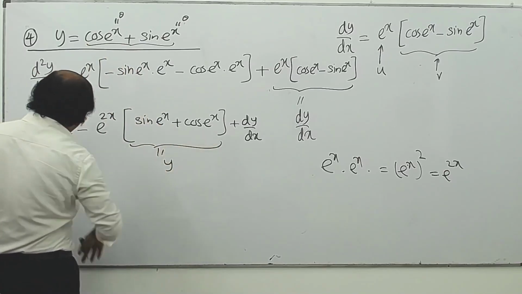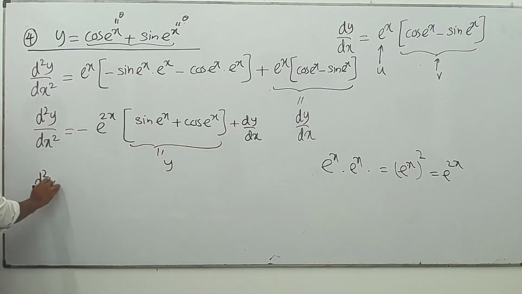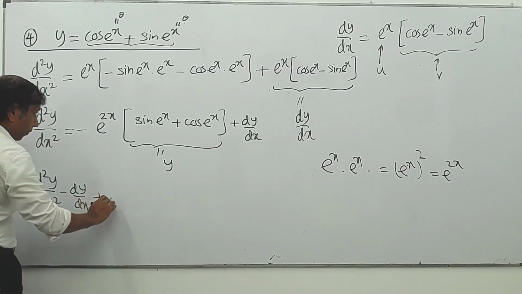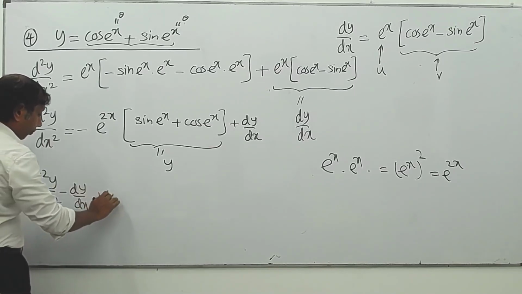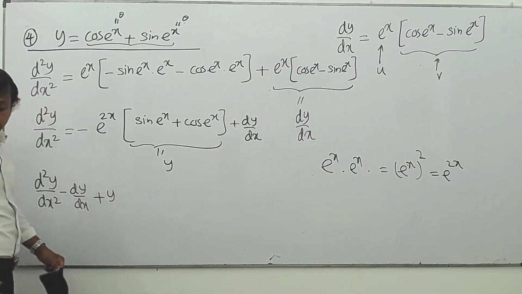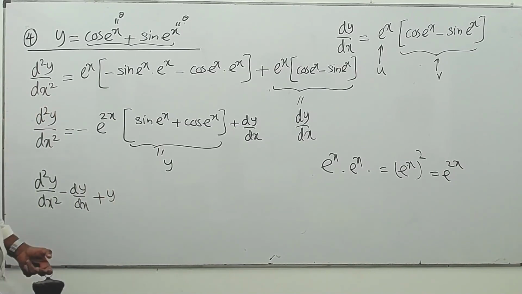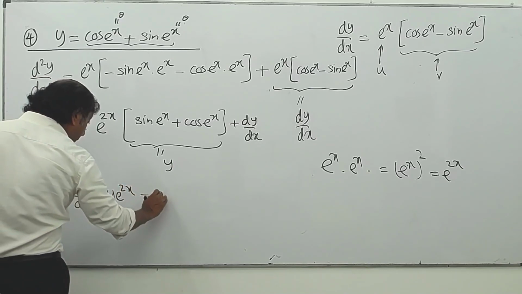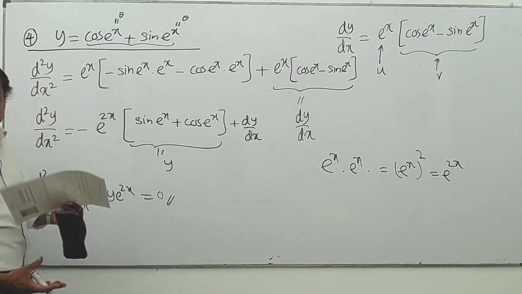Bring all the terms to the left hand side. d2y over dx2 minus dy by dx plus e to the power 2x equals 0. Alright, this is how we get this answer.